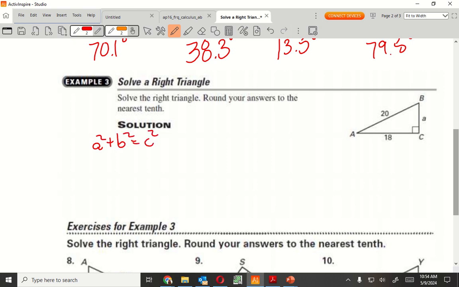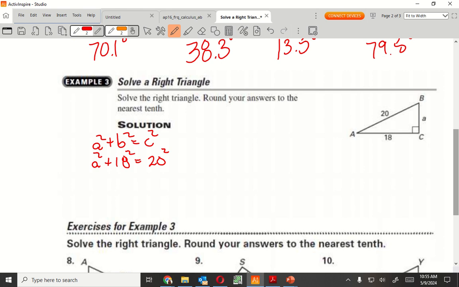Now, a, b, what's my b in this one? It is 18, equals c, which is 20, squared. I don't know 18 squared off the top of my head. What's that one going to be?